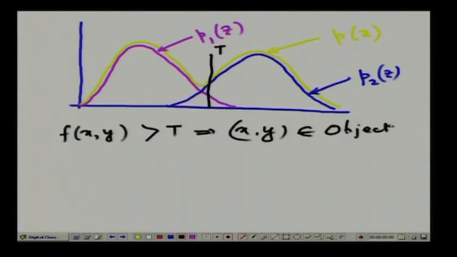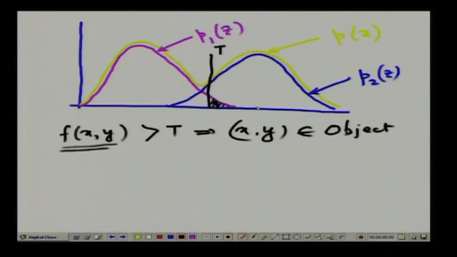Now, here you find that though we are taking a hard decision that if f x y is greater than t, then x y belongs to object, but the pixel with intensity value f x y also has a finite probability, say given by this, that it may belong to the background. So, while taking this decision, we are incorporating some error. The error is the area given by this probability curve for the region intensity value greater than t.